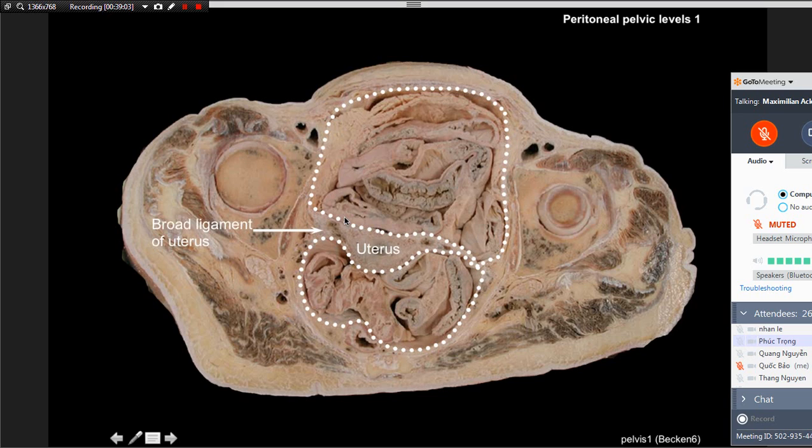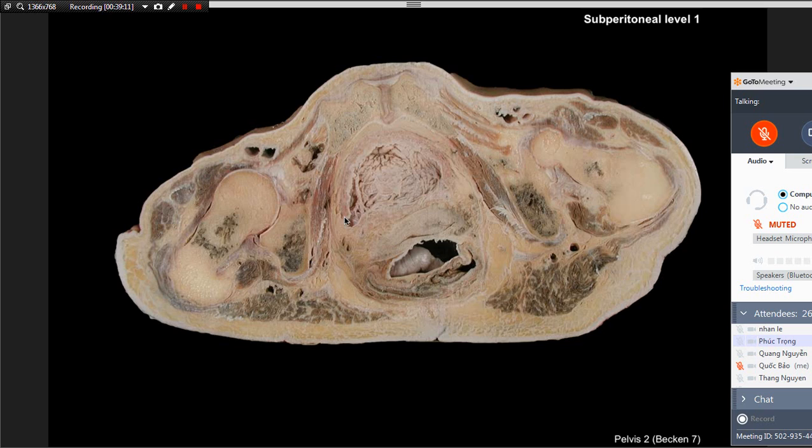You see, these are more or less roads of blood vessels which come to the uterus there. And this is the rectum. This is the uterus, and this is the bladder. You see bladder, uterus, and here the rectum.